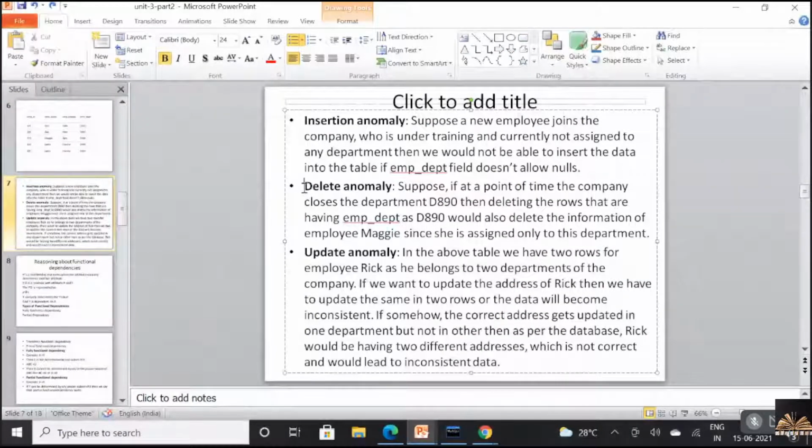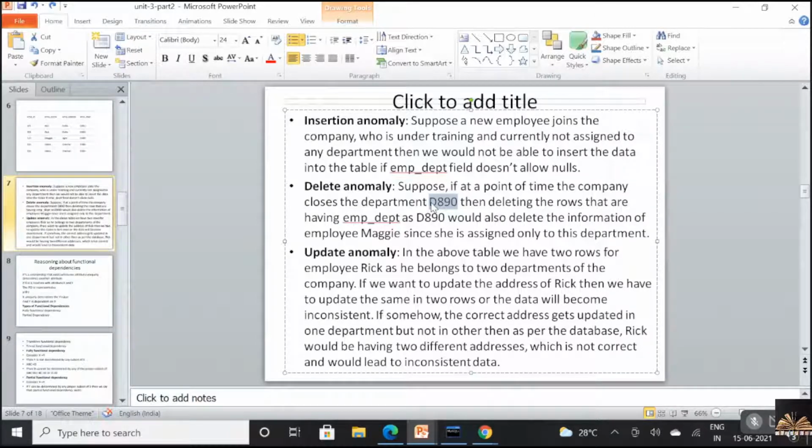Suppose at a particular point of time, the company closes the department D890. So the company is planning to close the department with department ID 890. Then we have to delete all the rows which include the department number 890.